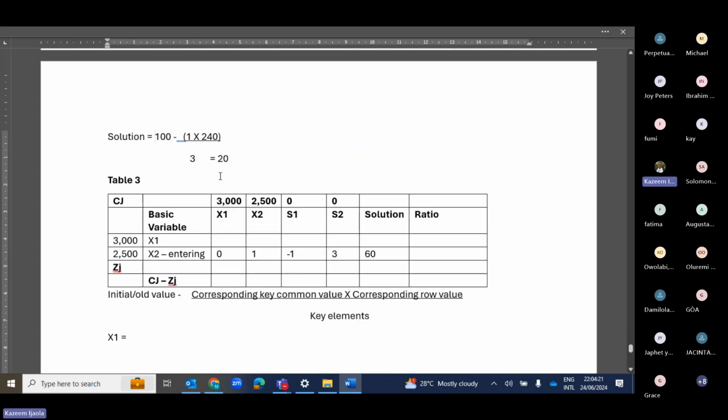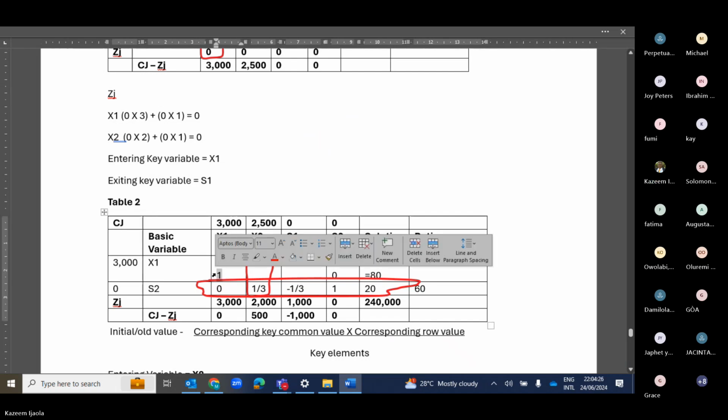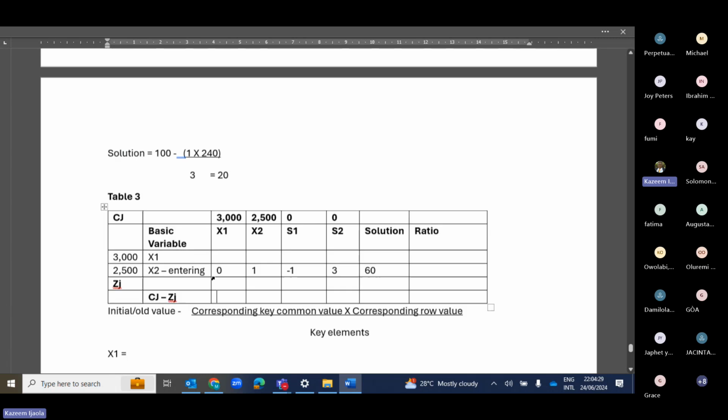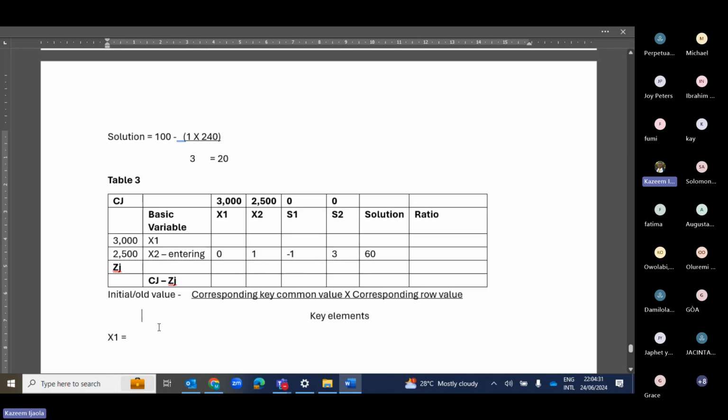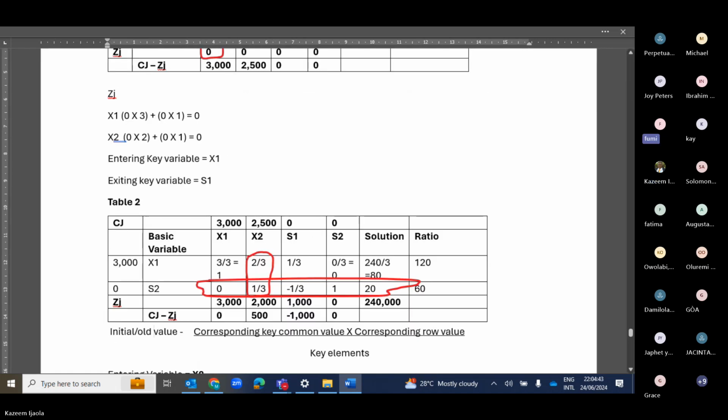Let's take care of this table 3 now. Here we have X1. Our initial value here is 1, correct? So it should be 1 minus what? The initial value is 1.